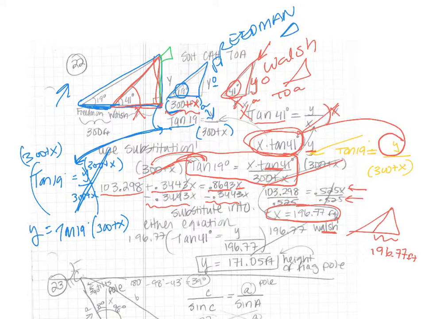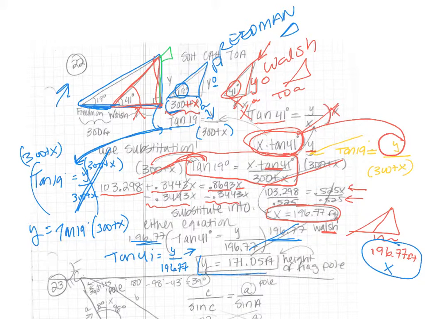We then know that if we have x, we can go back to any equation. So if we go back to Walsh's equation that says tan of 41 is equal to y over x, we don't know y still, but we know that x is 196.77. So that brings us here. If we multiply by that 196.77, we've isolated y.